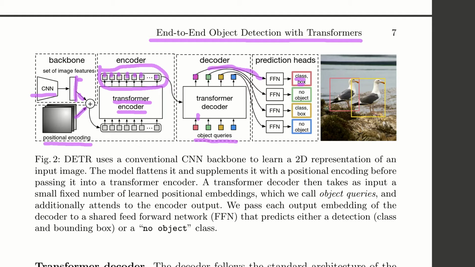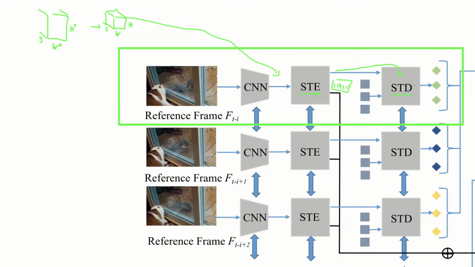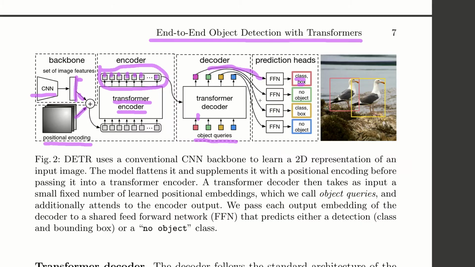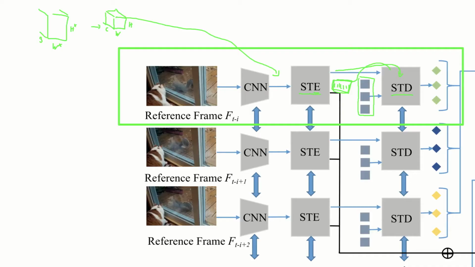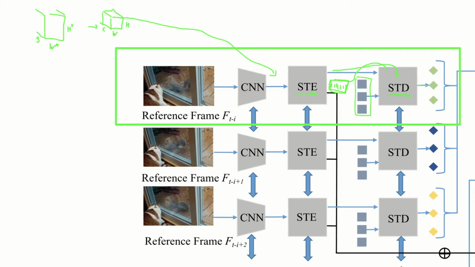Okay, so having this in mind, we go back here. We have these feature vectors from the encoder. They go in. We have these learned object queries. They go then into that STD, the spatial transformer decoder, and create these object proposal feature vectors.